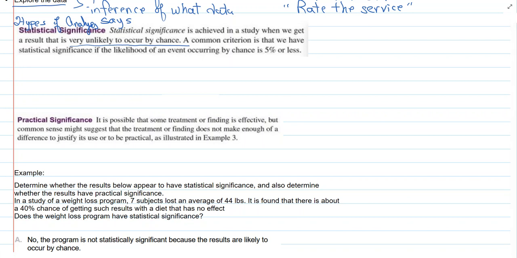Okay. When it says it's very unlikely to occur by chance, it means that in repeated studies of samples, we get the same results.